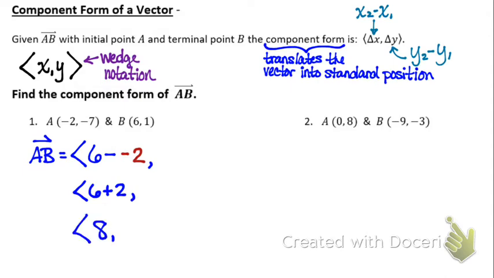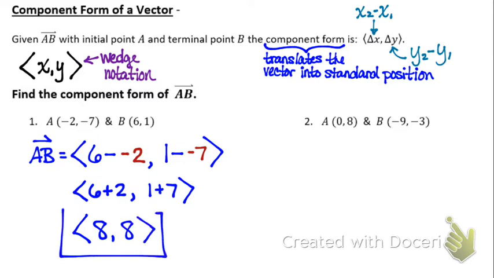So I have 8. And then I still need the y part. So I do y2 minus y1. So 1 minus negative 7, which is again 8, because I do 1 plus 7. So there's component form for my vector AB.